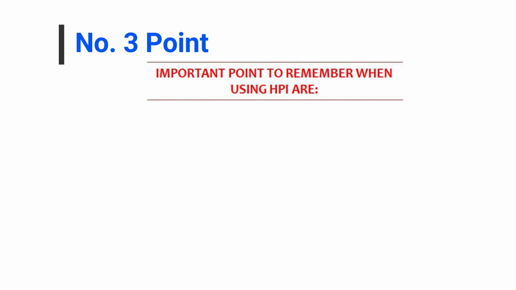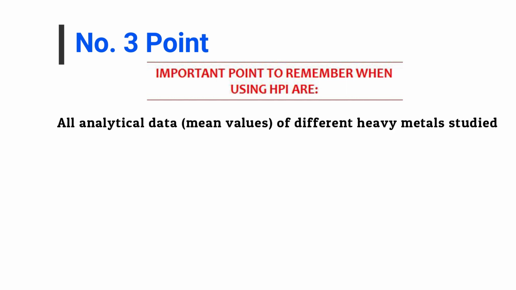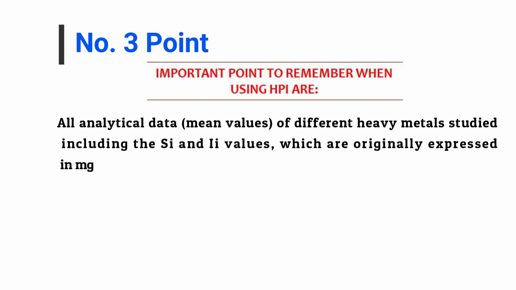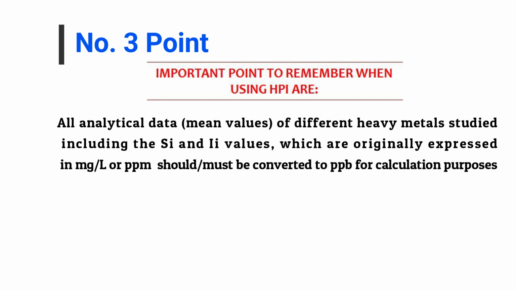Next, important point number 3 to remember while using the HPI method of calculation is that all analytical data of the different heavy metals studied, including the II values and the SI values, which are expressed in mg per liter or parts per million, should be converted into parts per billion, or ppb.